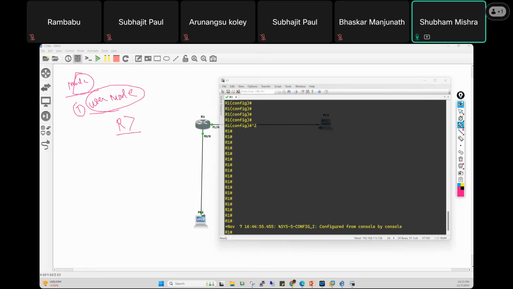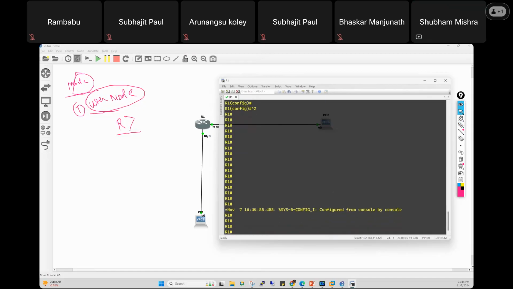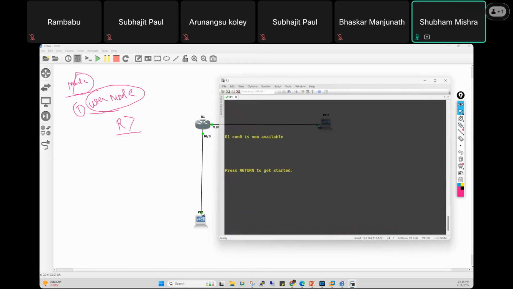In Packet Tracer, you will be able to see it, but here there is some problem and we are not able to see it.